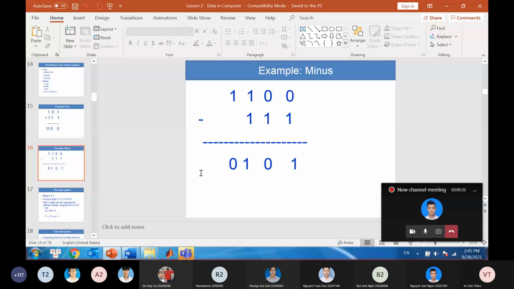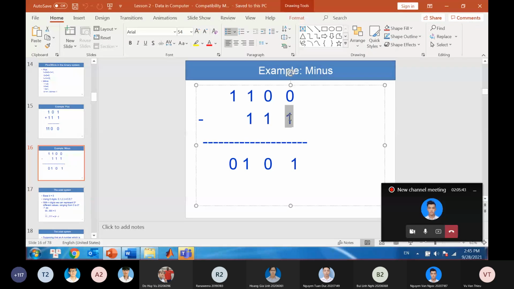So again, we minus from right to the left. 0 minus 1, okay, equal to 1, but we need to borrow 1 here. 0 minus 1 equal to 1, and we also borrow 1 here, and 1 minus the number we borrowed in the previous step equal to 0, and 0 minus 1 minus 1 equal to 0, and 0 minus 1 we borrow here equal to 1, and we also borrow 1 here, and 1 minus 1 equal to 0. So this is the result.